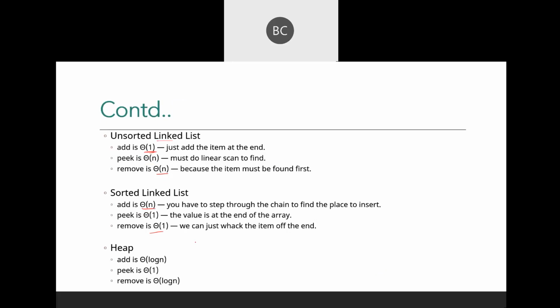The best way to represent or implement a priority queue is using a heap. Heap is a tree data structure, a special kind of tree. After linked list, we will go to the tree chapter. So when you use a heap, adding and deleting an item will take O(log n) time.